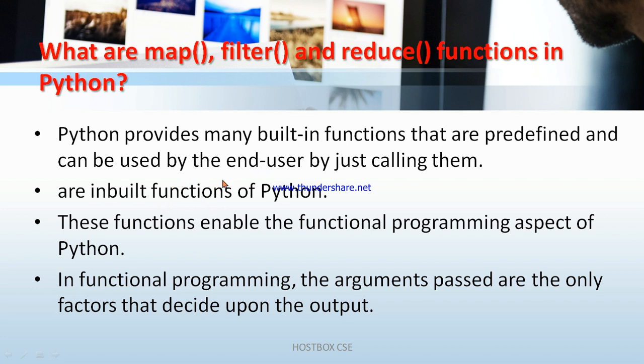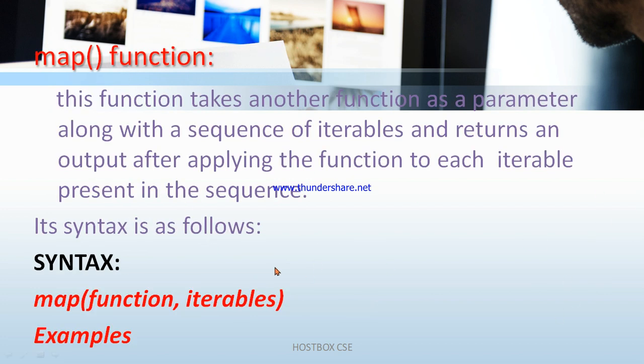These are in the category of inbuilt functions of Python, and these functions enable the functional programming aspect of Python. In functional programming, the arguments passed are the only factors that decide the output. First, the map function. This function takes another function as a parameter along with a sequence of iterables and returns an output after applying the function to each iterable present in the sequence.